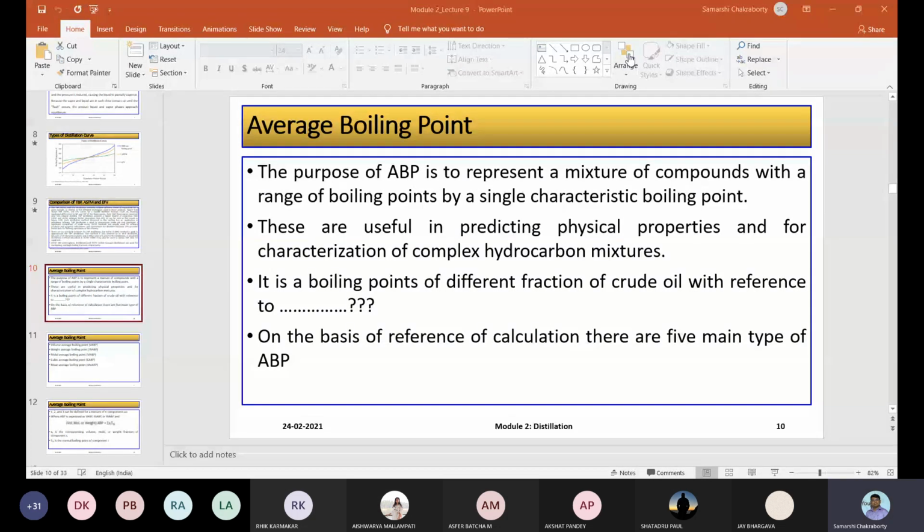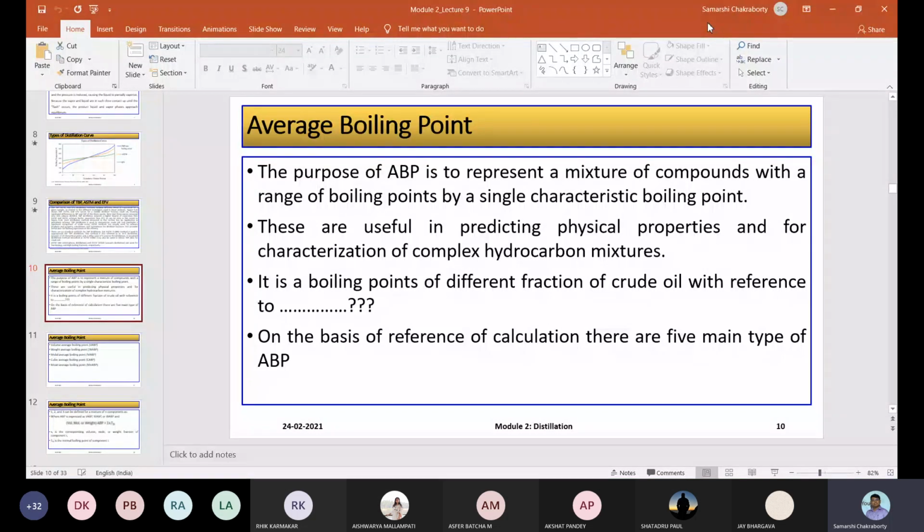Yeah, so what I was talking about: for example, your petroleum fraction has an initial boiling point of 220 degrees centigrade and a final boiling point of 300 degrees centigrade. Obviously your boiling point varies in that range, but how can I quantify it?